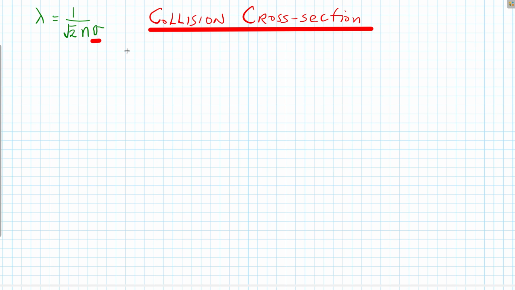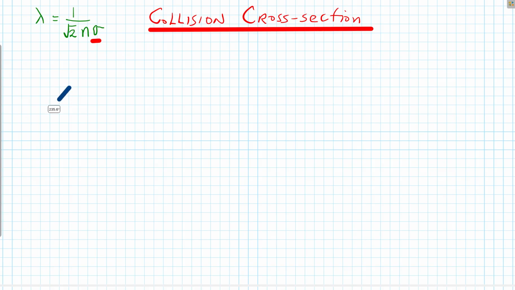But we'll move on classically. So we're going to consider two molecules as usual. Let's say we consider a molecule with radius A1.